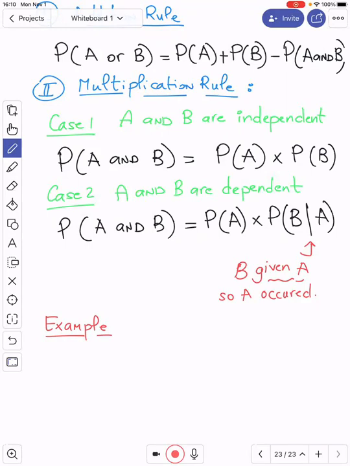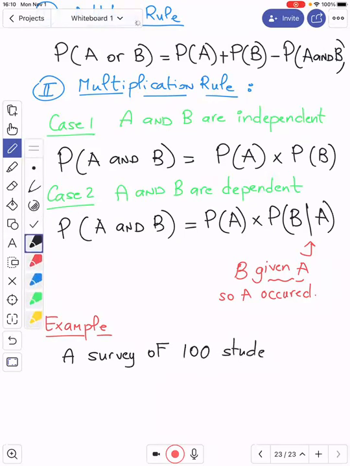So an example: let's say we have a survey of 100 students, say at BCC.